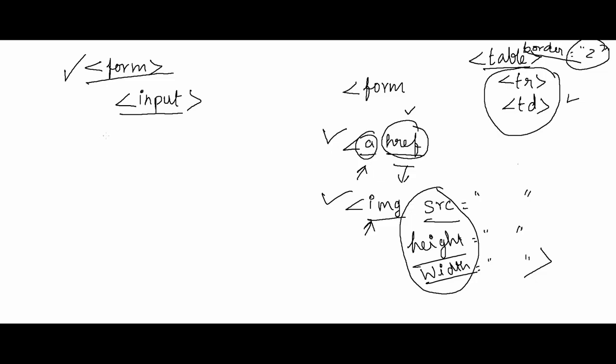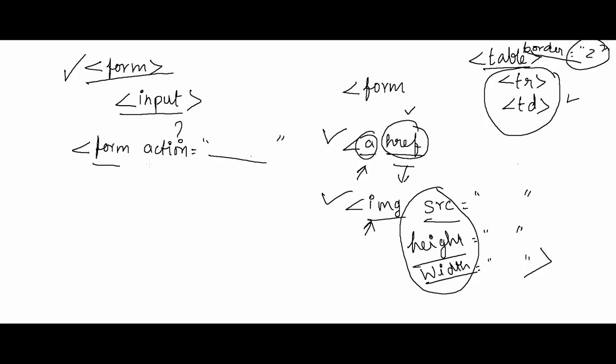For presenting data, we can use the normal tags which we have used earlier. The basic attribute for form is action. While submitting this form, what action should be taken?